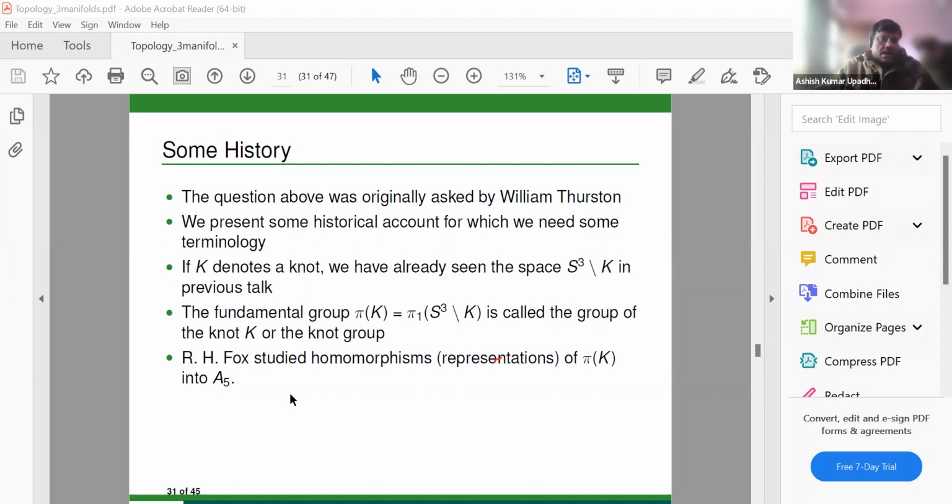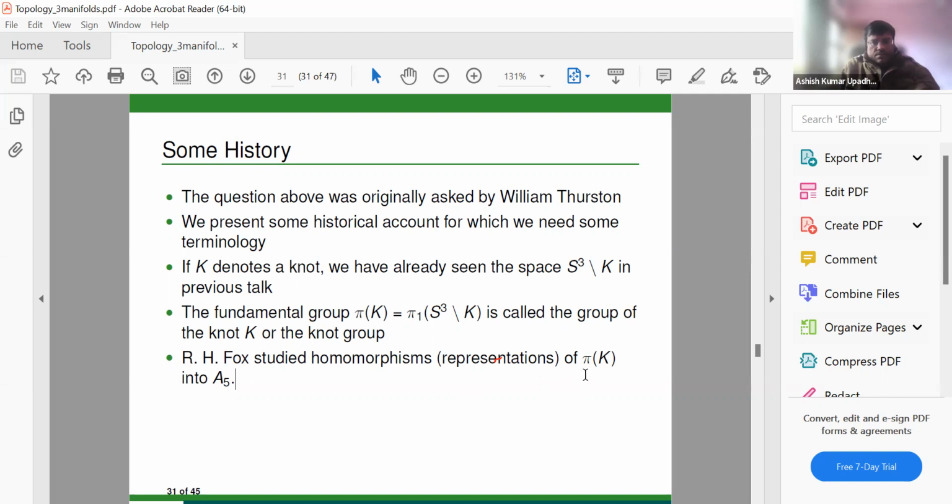R.H. Fox was a mathematician who studied homomorphisms, which are also called representations, of this group pi of K into the group A5. A5 is the alternating group of degree 5. Permutation groups, all of us are familiar with, and this is a subgroup of S5.